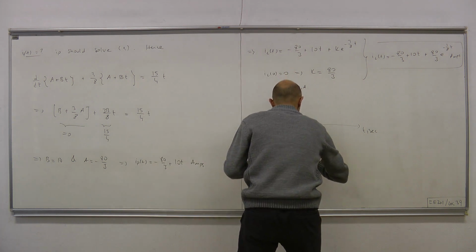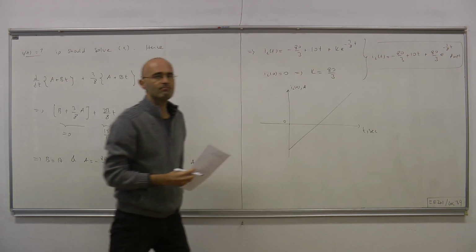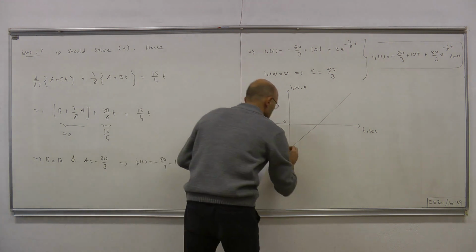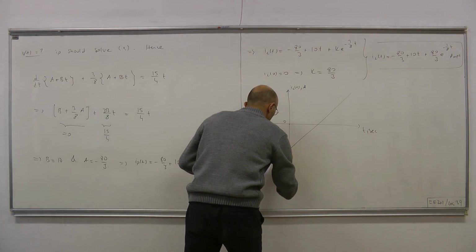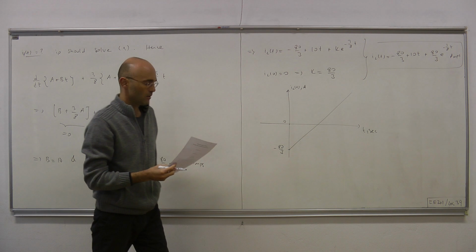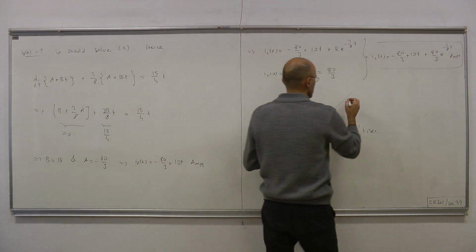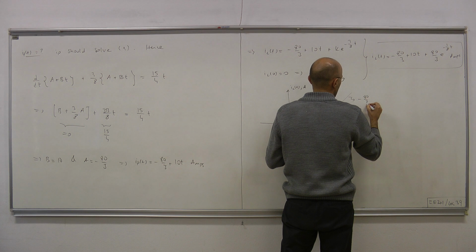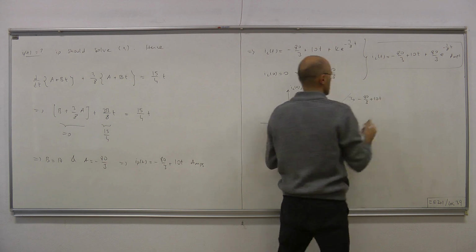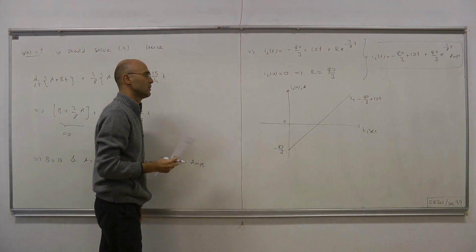Okay, so the particular solution is a line starting from minus 80 over 3. So this is minus 80 over 3 plus 10t, a line with slope 10.